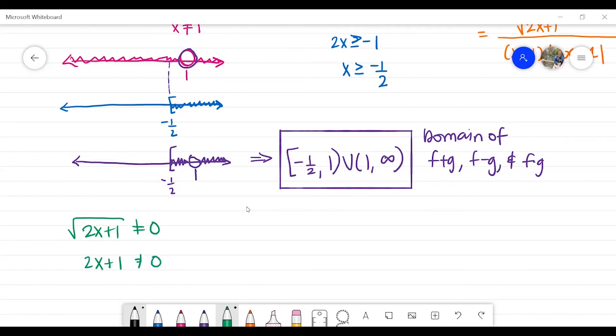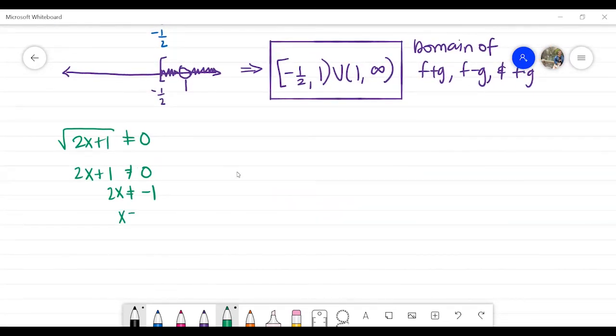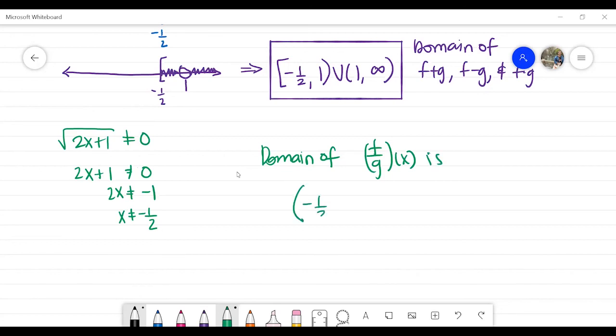Not equal to 0. You move the 1 over, and you divide, which means that's the only value we have to remove. Everything else is exactly the same. And essentially what that means is instead of having a bracket right here, like we do on the earlier question, the domain of f over g is the same thing, but with a parenthesis there.